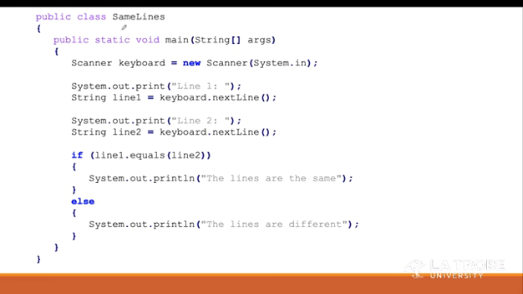Now we'll look into the Java solution implementation for this. So I have a class called SameLines, so my file name will be SameLines as well, and I need to take input from the user, line 1 and line 2, so I'm declaring a scanner for that because I'm taking input from the keyboard, and you need to import a package here before this. So you need to import java.util.*.